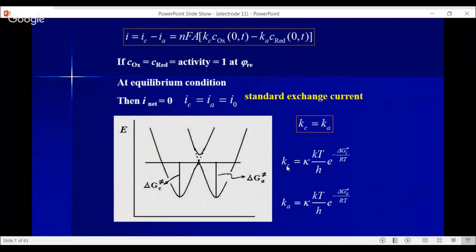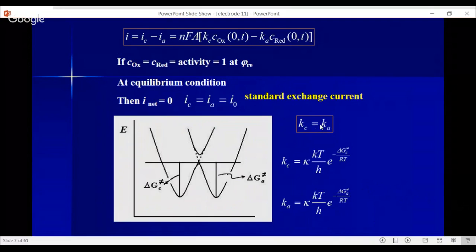So Kc, the intrinsic rate constant, is Kt by h e to the power of minus delta G cathodic by RT. In the same way, Ka, the intrinsic rate constant for the anodic reaction, is the equilibrium constant into Kt by h e to the power of minus delta G A by RT. All these things we have studied.